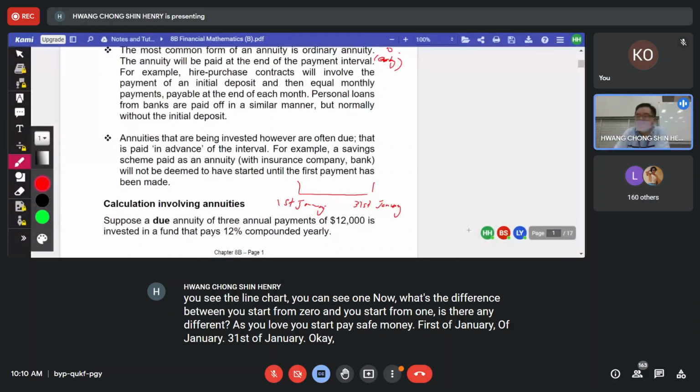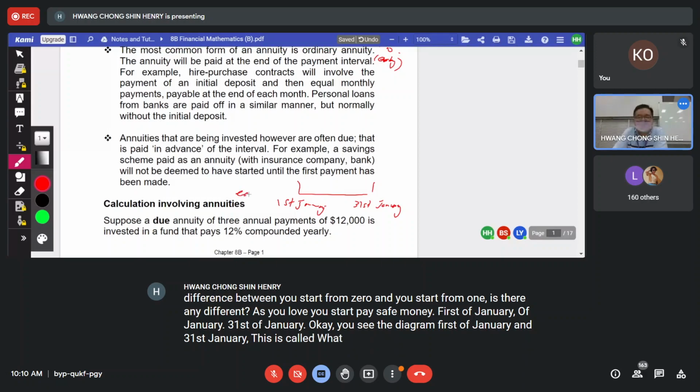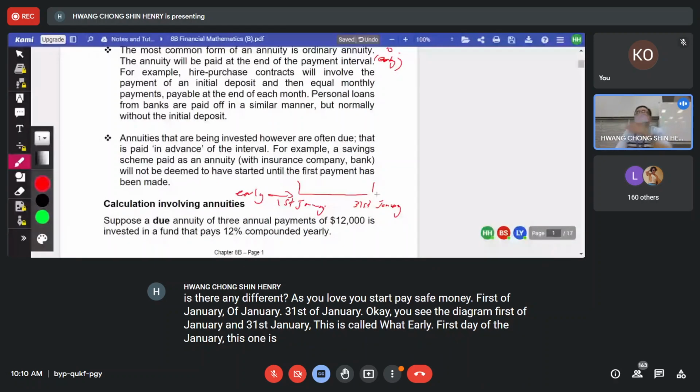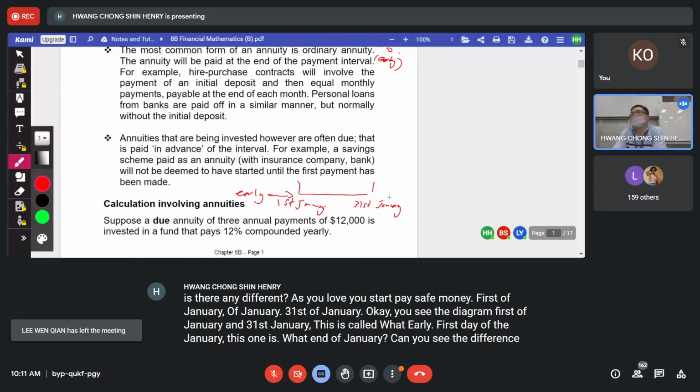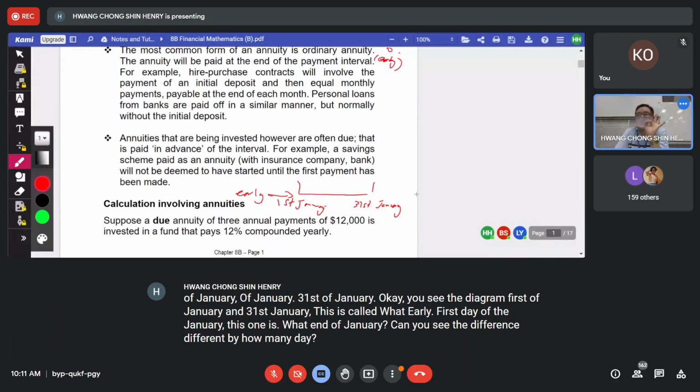Okay, can you see the diagram? 1st of January and 31st January. This is called what? Early. 1st day of January. This one is what? End of January. Can you see the difference? Different by how many days? 30 days, right?